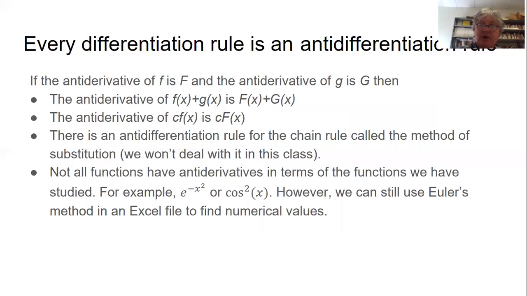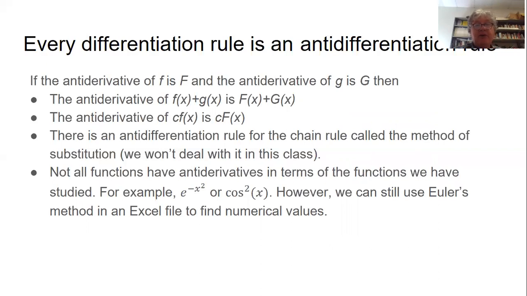It just works the same going backwards. Same with constant multiples: the antiderivative of a multiple is a multiple of the antiderivative. You can double check that by taking the derivatives and you see that you end up where you started from.